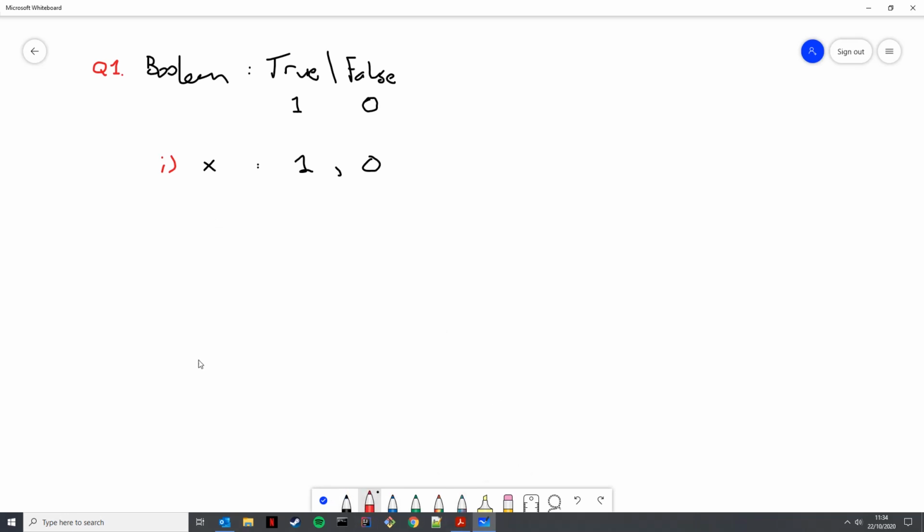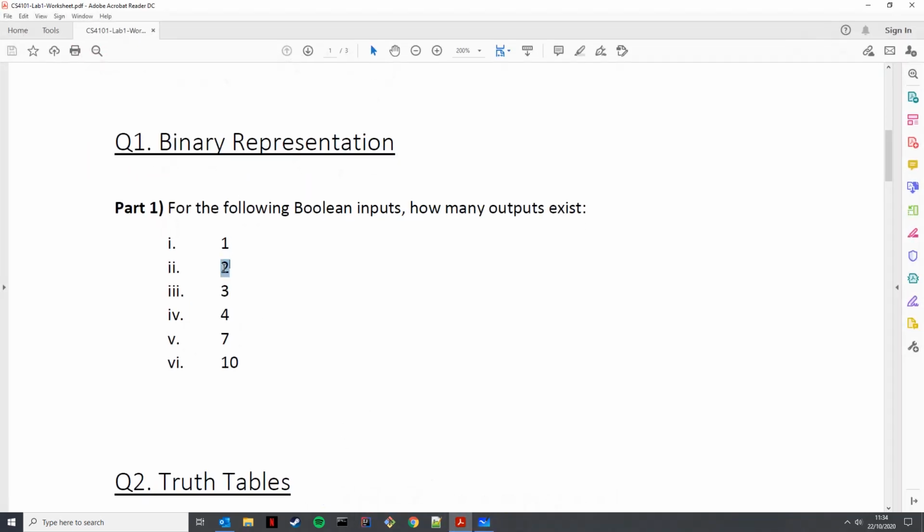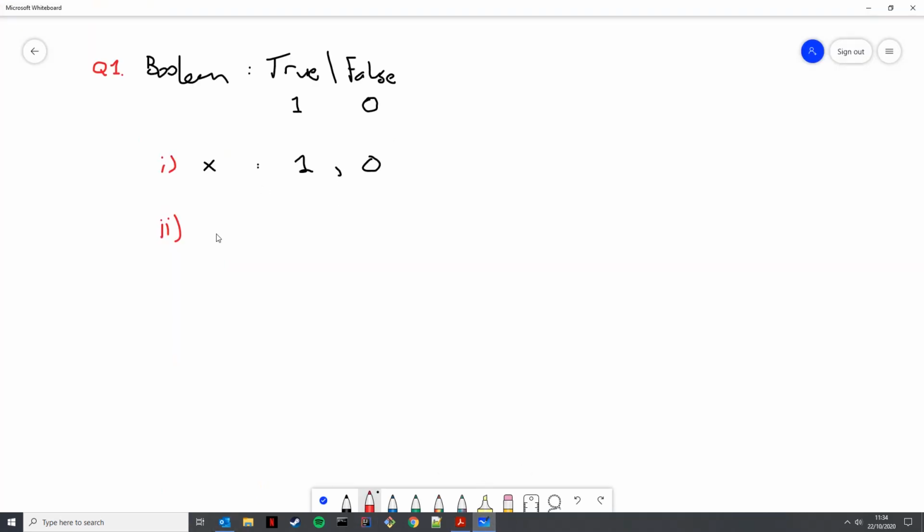So let's look at the second question. We have 2 Boolean inputs. How many outputs exist? So now let's say we have x, y. Well, we already know x can be 1 or 0.